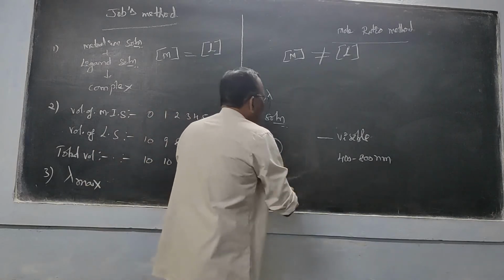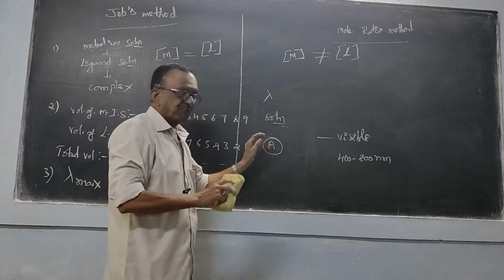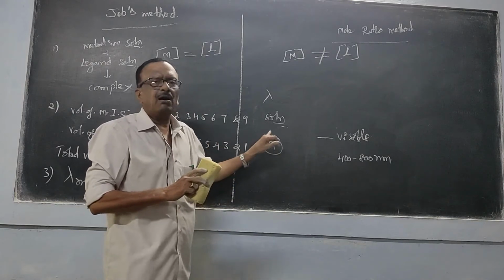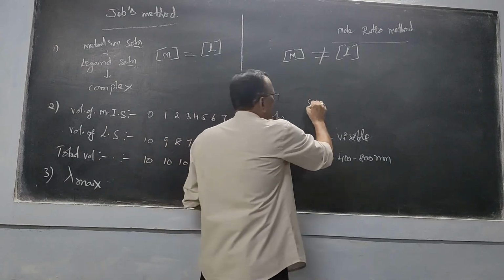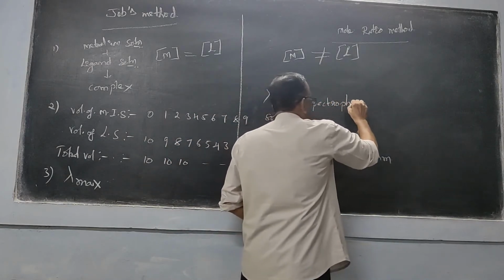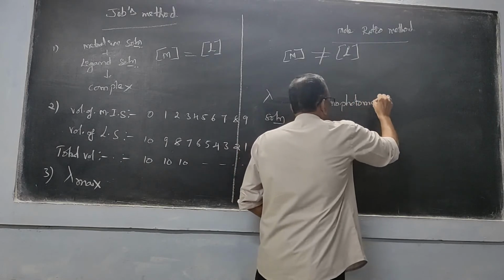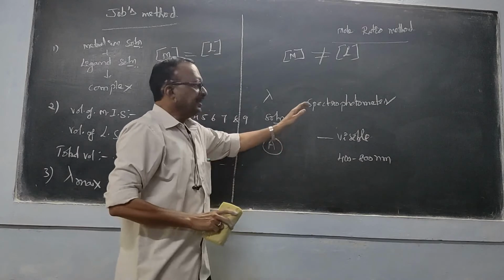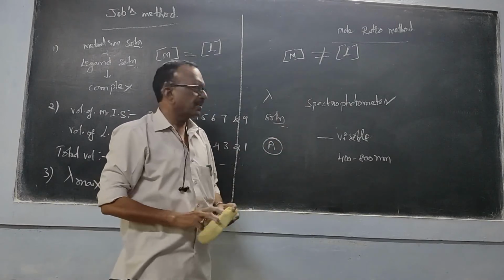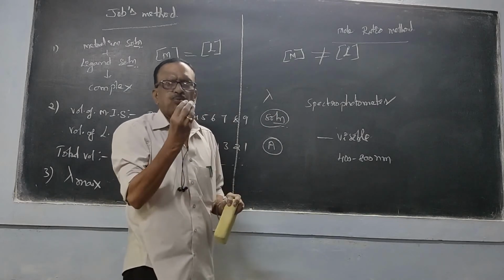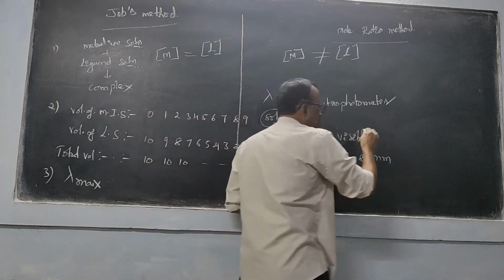Now here, for measuring either absorbance or transmittance, we are using a device called a spectrophotometer. In this spectrophotometer, for keeping the solution, we have a small structure called a cuvette.